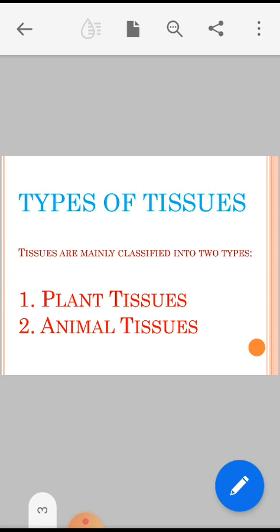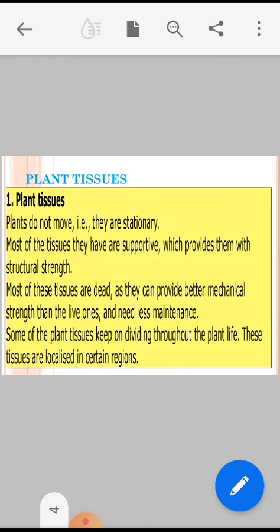When we talk about the types of tissues, there are basically two types: the plant tissues and the animal tissues. Let us talk further about plant tissues. Plants, as we know, do not move. That is, they are stationary.